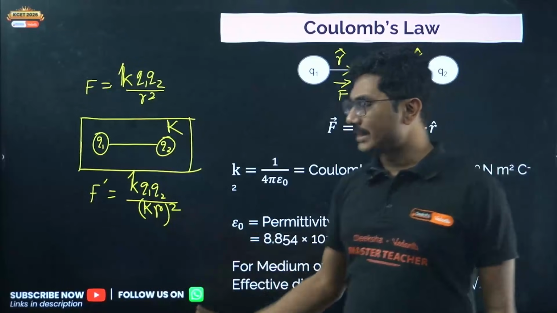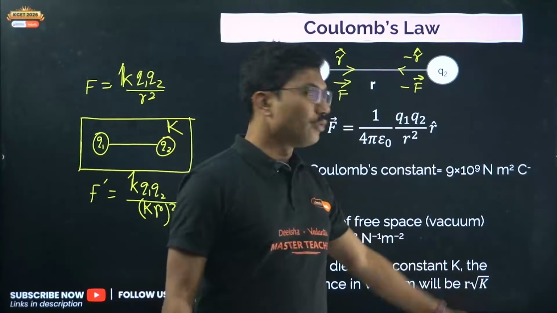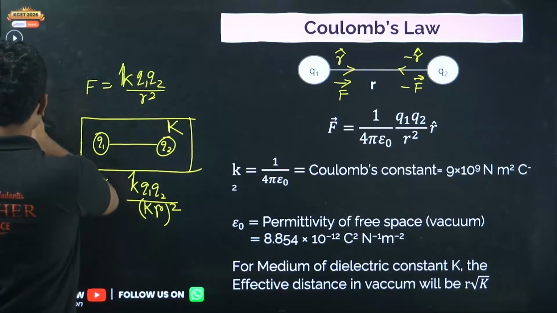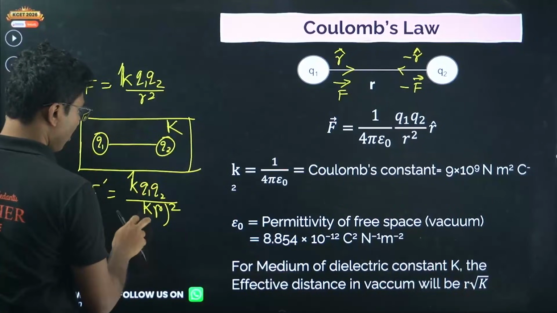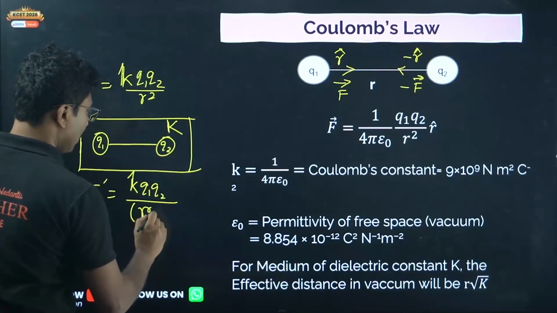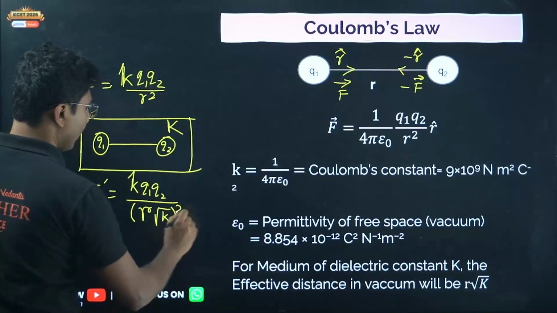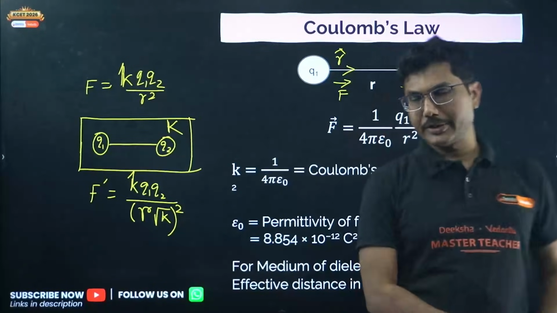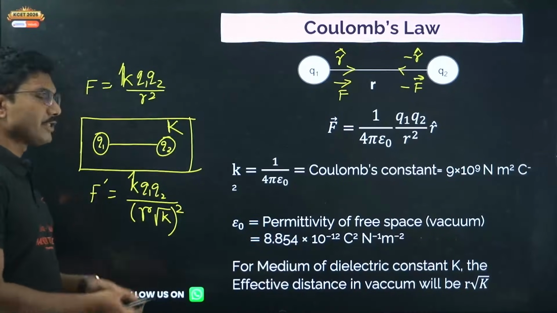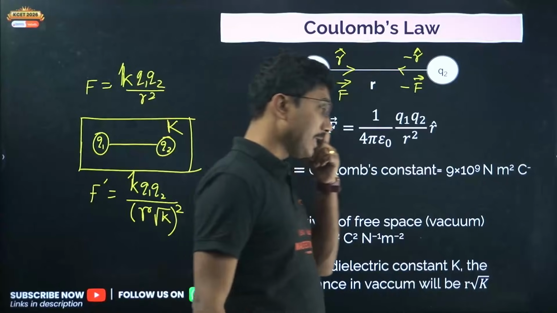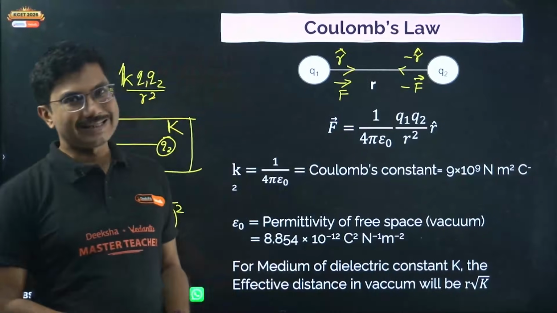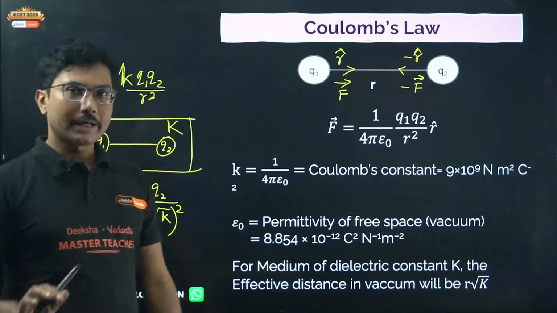So the effective distance becomes r root K. Sorry, just a small mistake. It will be r root K whole square. So basically the force reduces. If you put this system inside a dielectric medium, the force reduces. Based on this, you might get a simple KCET question. This is a very common type of KCET question.